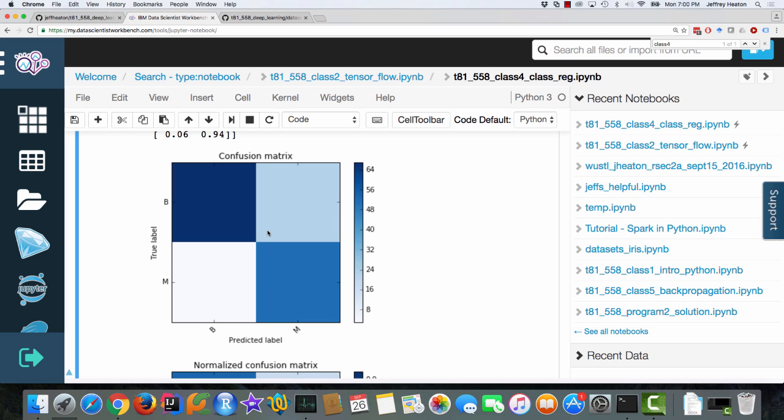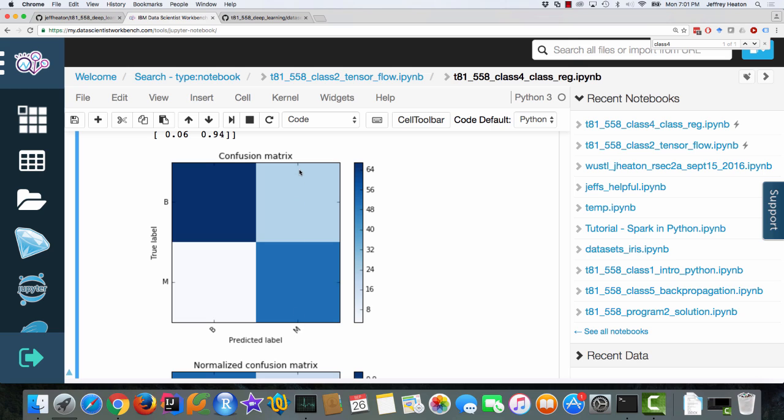So when you've got a binary classification network, there's really only two errors you can make. Either they were benign and you classified them as malignant, which is what it did in a few cases, or they were malignant and you classified them as benign. If it really was benign and you classified it as malignant, that's the false positive, my mistake.